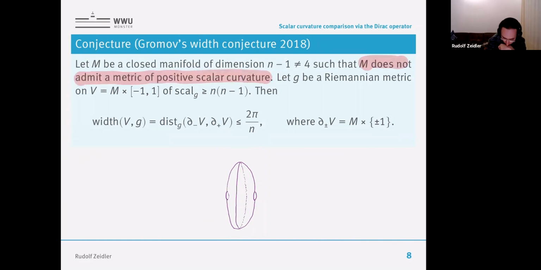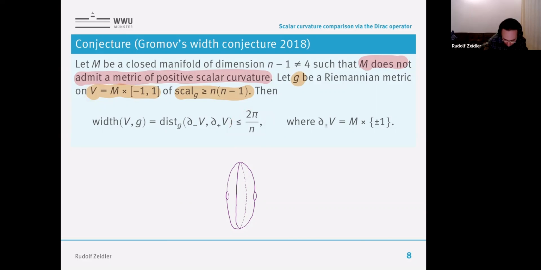and you now take any Riemannian metric on M cross the interval, not necessarily a warped product, just any, this could be much more complicated, and you assume that the scalar curvature is bounded below by n times n minus 1, then the conjecture is that the distance between the boundary components of this manifold, if you measure it using this metric, must be at most 2 pi over n.